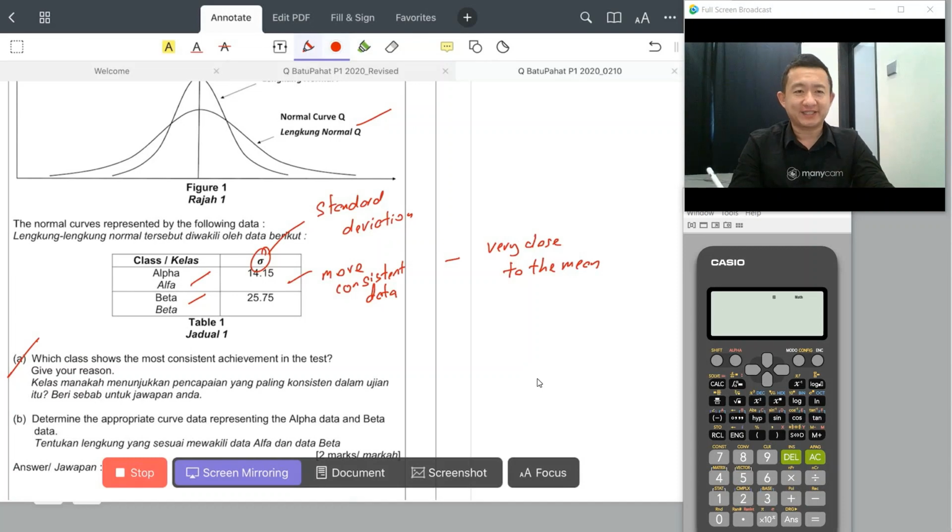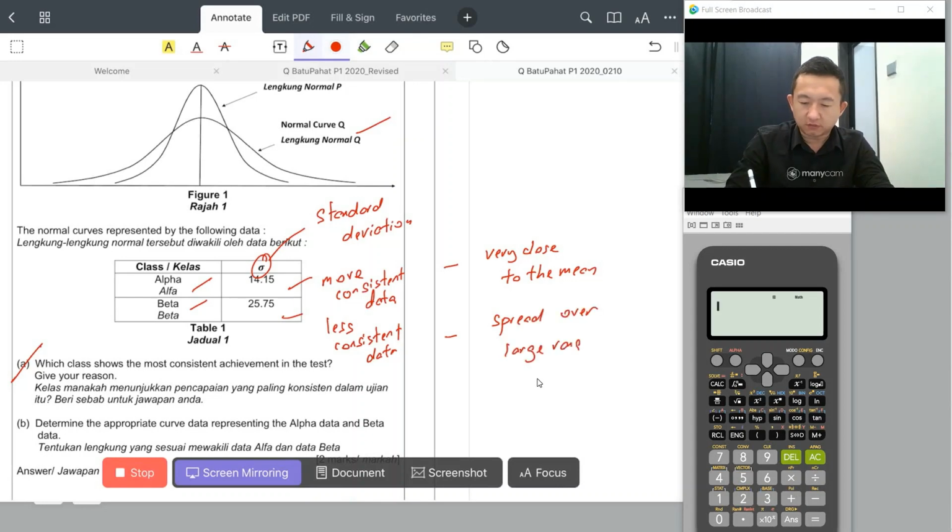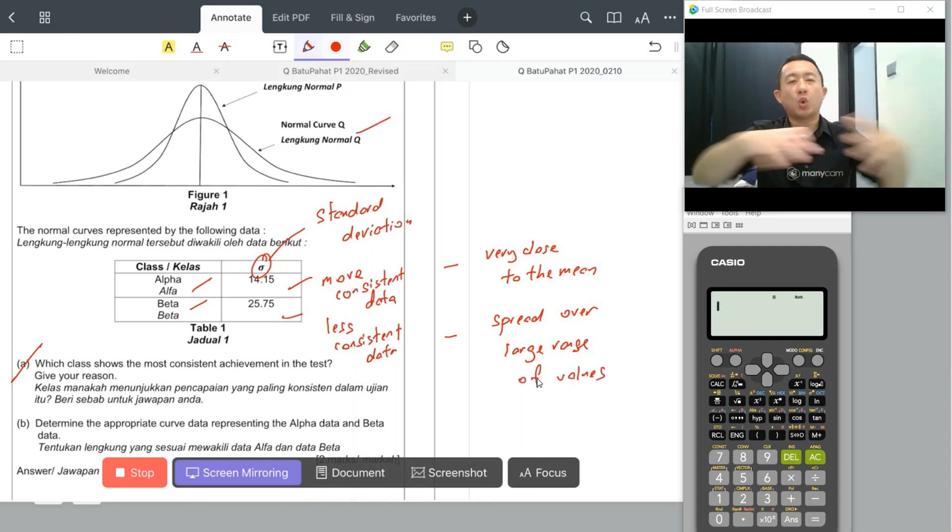Therefore, you have more consistent data. And for 25.75, a bigger standard deviation, conversely, you have less consistent data. The data is spread over not a small range but a large range of values, so less consistent data.